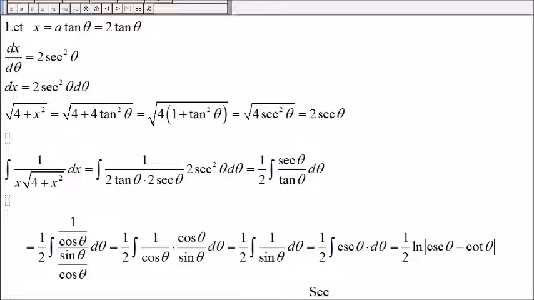To see how we get the integral of cosecant to be natural log of cosecant of theta minus cotangent of theta, go to the description section for the link.